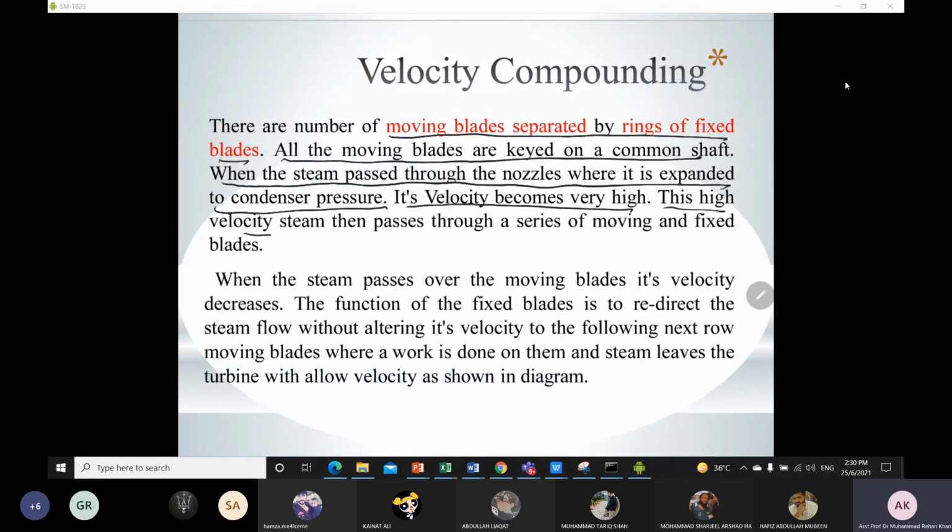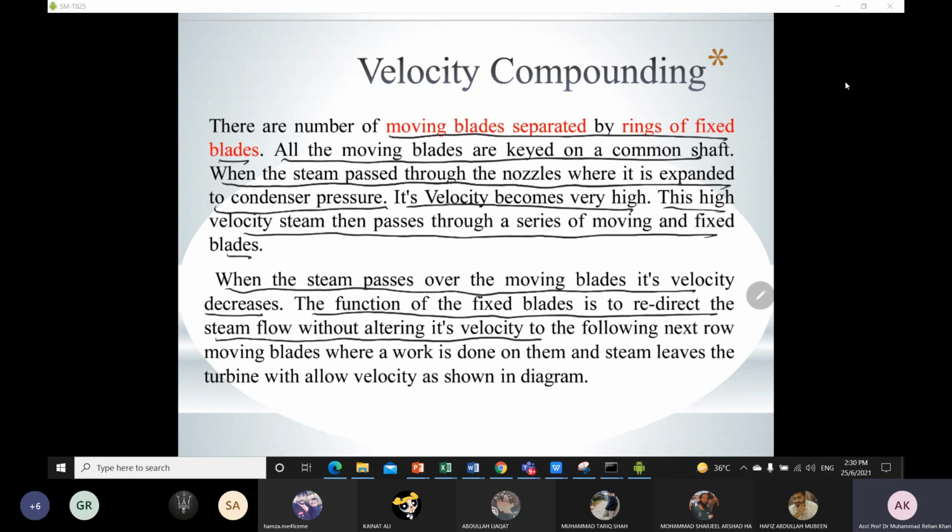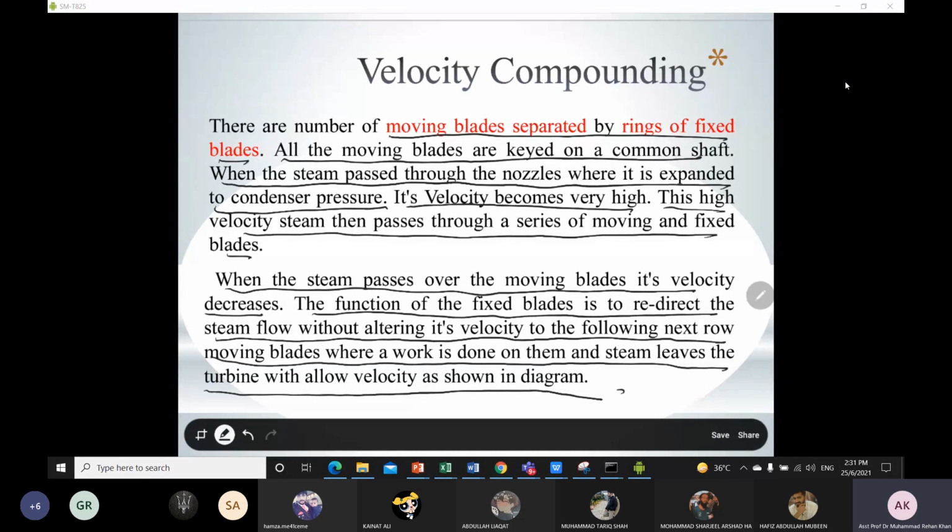This high velocity steam then passes through a series of moving and fixed blades, and when the steam passes over the moving blade, its velocity decreases. The function of the fixed blade is to redirect the steam flow, without altering its velocity, to the next row of moving blades, where work is done on them, and the steam leaves the turbine with low velocity as shown in the diagram.